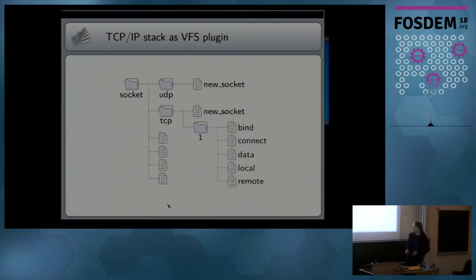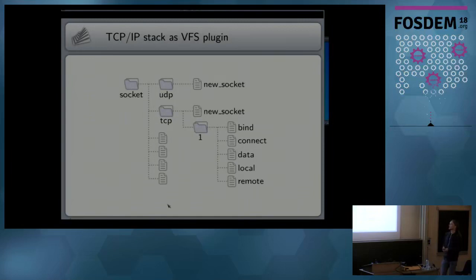When you do this, the LXIP plugin creates a new directory with the name of the socket. In this directory you have new files that are in principle the control commands that you normally need to interact with the LXIP stack. You can write, for example, to bind or connect with the information that you want to provide, like the IP address you want to connect to.